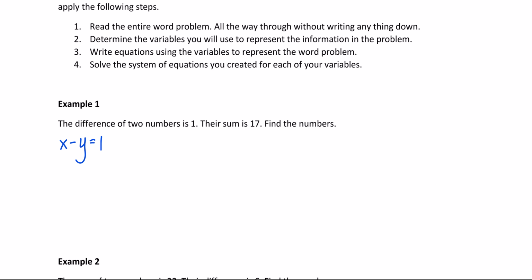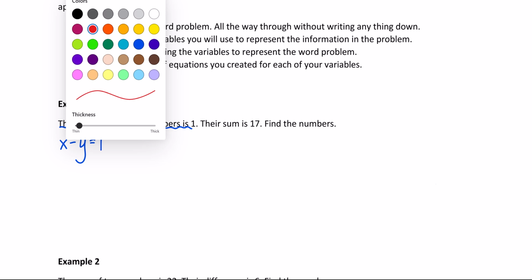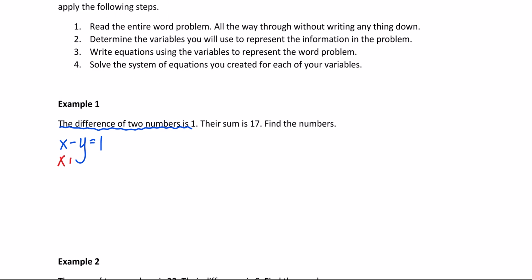That's the equation for this first sentence. My second sentence is their sum is 17. So their sum, x plus y, equals 17. That's this sentence as an equation.